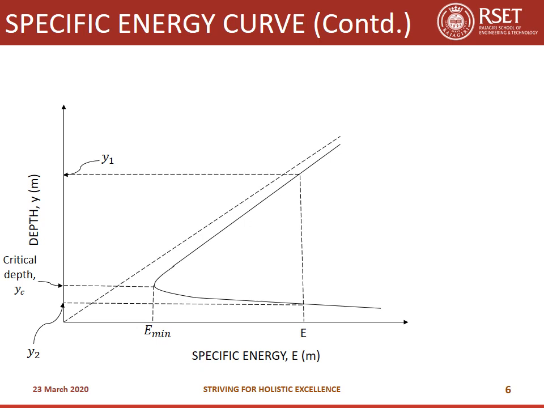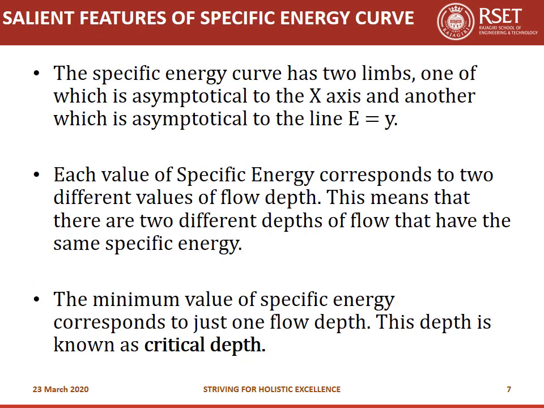Now corresponding to this value of specific energy, there is only one flow depth, and that flow depth is called the critical depth yc. So these are some of the salient features of the specific energy curve that I'm trying to explain to you. Corresponding to one value of specific energy, there can be two different flow depths, but except for the minimum value of specific energy, which gives you only one particular flow depth, that is known as the critical depth.